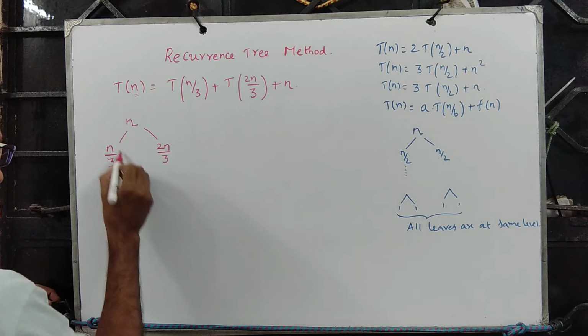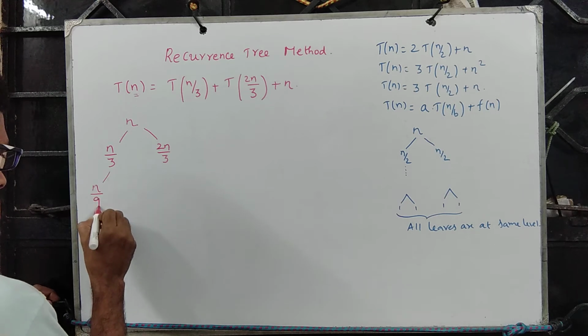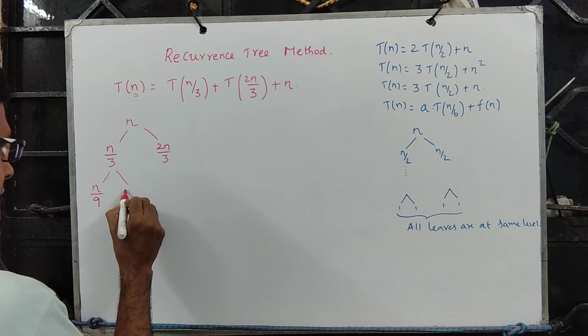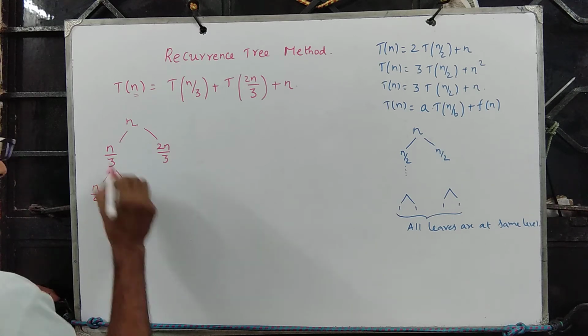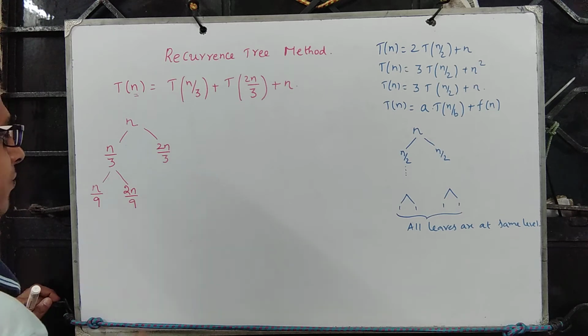Which means now my problem size is n by 3. In the next level, one subproblem size is n by 9. Another one is 2n by 3 of n by 3, which means it is 2n by 9.